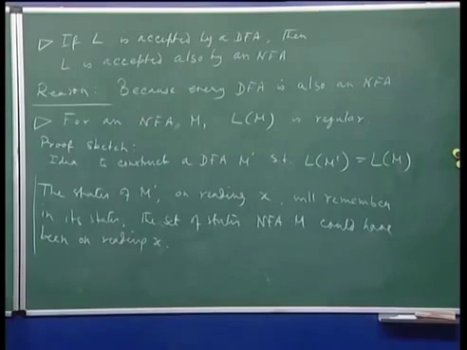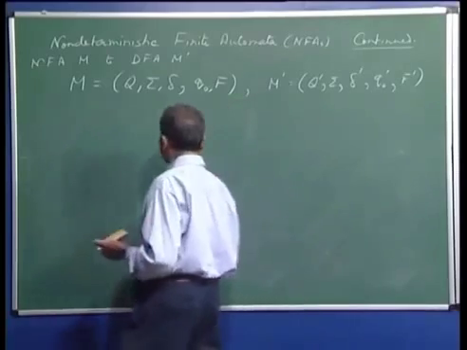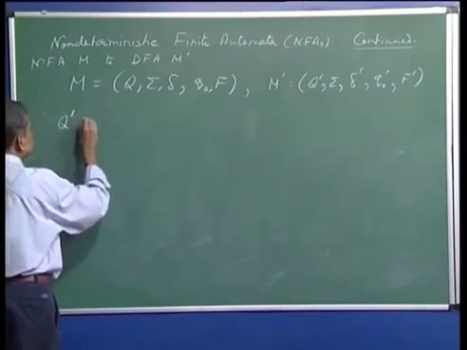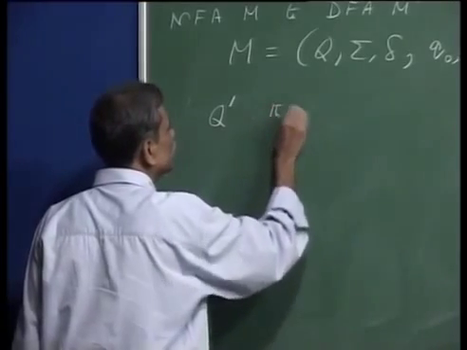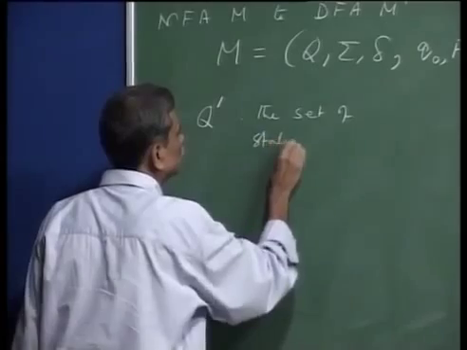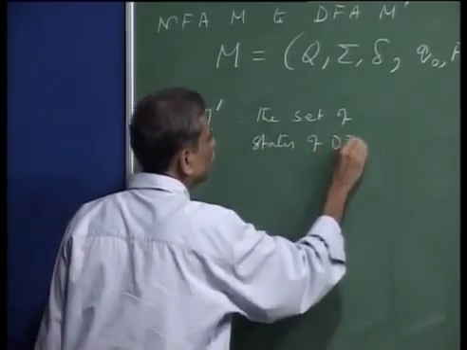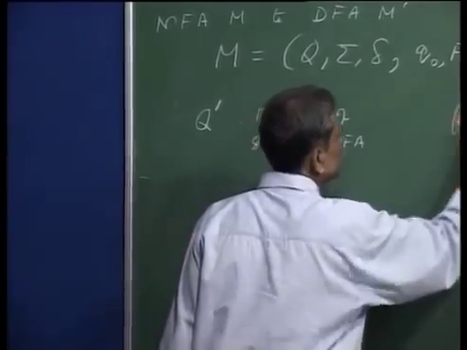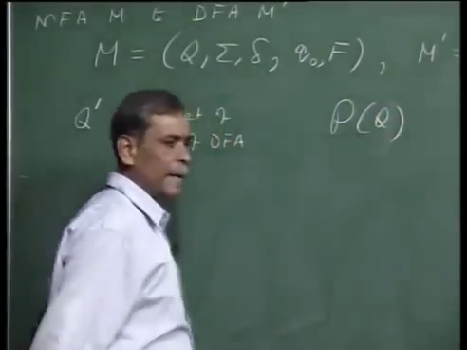So, the simplest thing would be to define Q dash, which is, remember, the set of states of the DFA, to be the power set of Q.